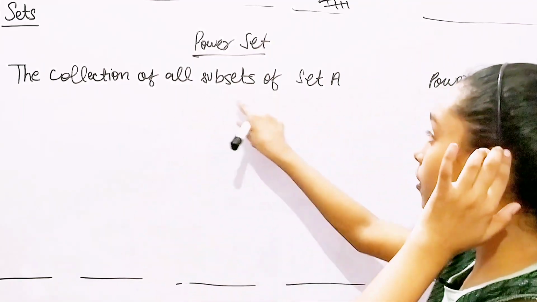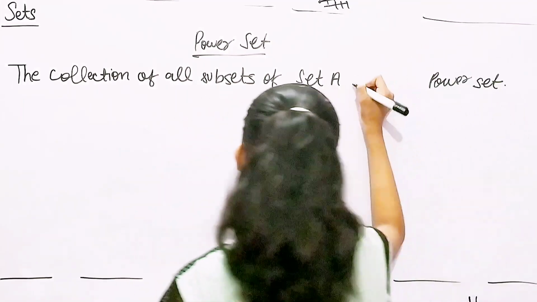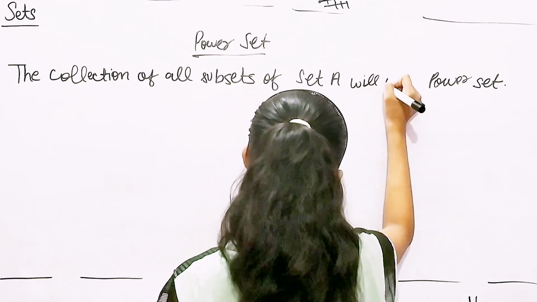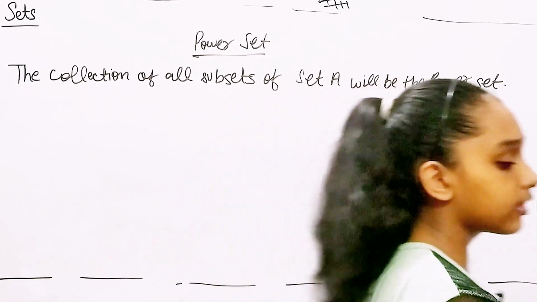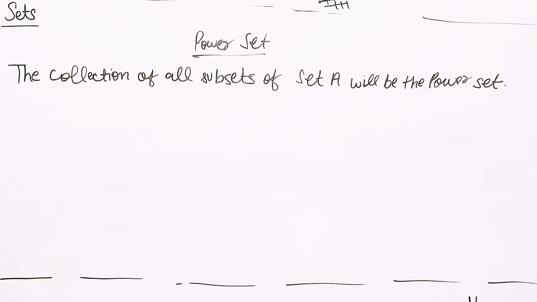Okay, so the collection of all subsets of set A will be the power set. That's a really simple definition. Or you can even call it power subset, whatever you want to use.